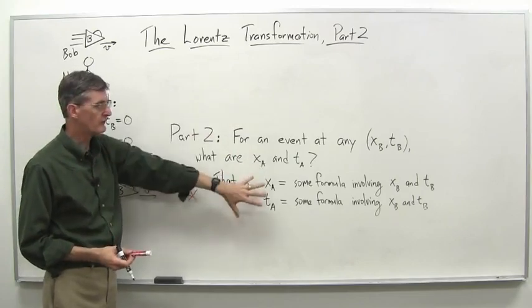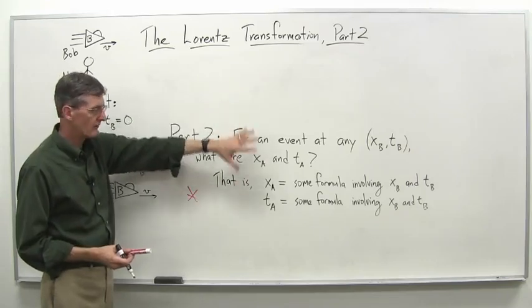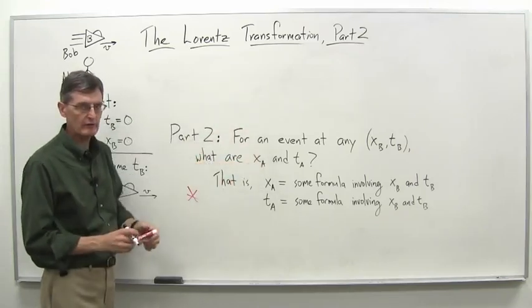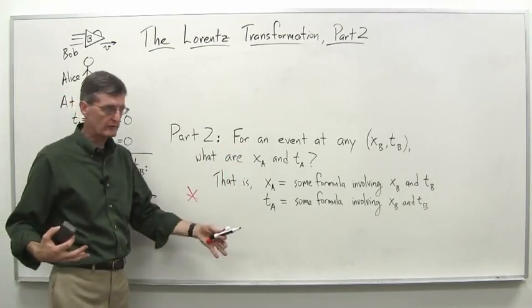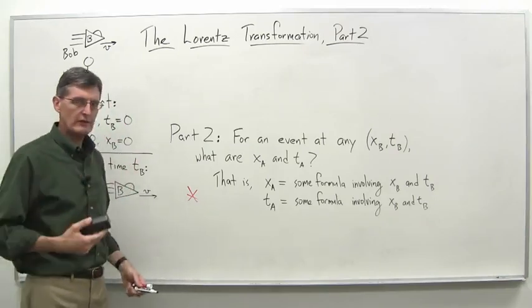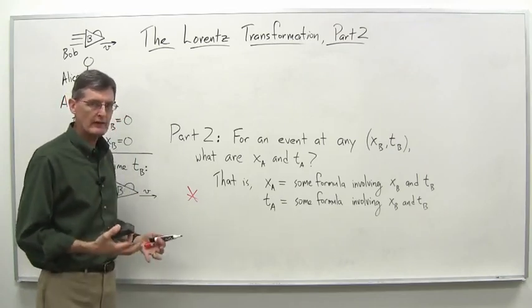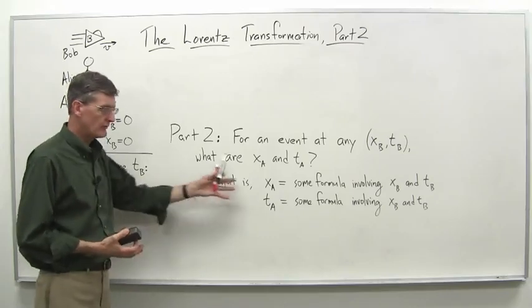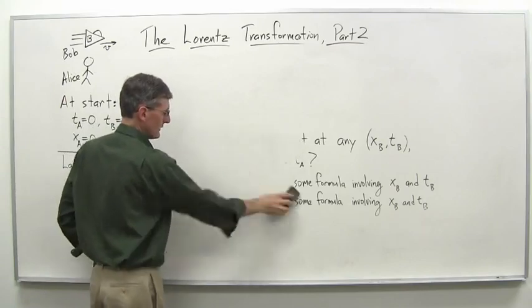So these more general formulas have to reduce down to the part 1 equations in the case of x_B equals 0. That would be another restriction. But that still leaves a lot of possibilities. It's not really a derivation here or a rigorous argument, but we're going to try to motivate a certain form of these formulas to make our life a little easier.